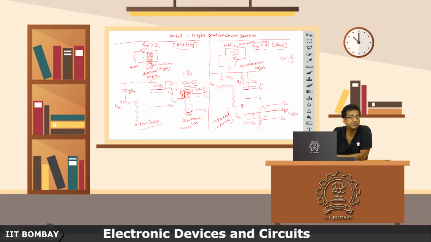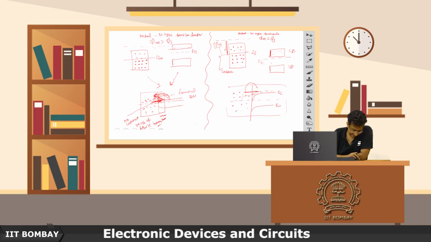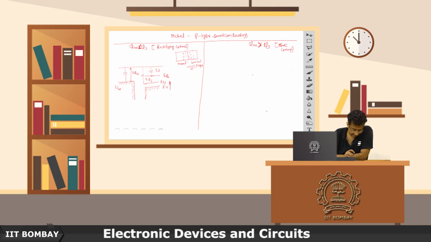There is no depletion of the charge carriers. On the contrary, here there are holes, it's a p-type, so holes are being occupied by these electrons, so this region is depleted of the charge carriers that were there. So that's why you have again a depletion region, which is a sign of rectifying contact.